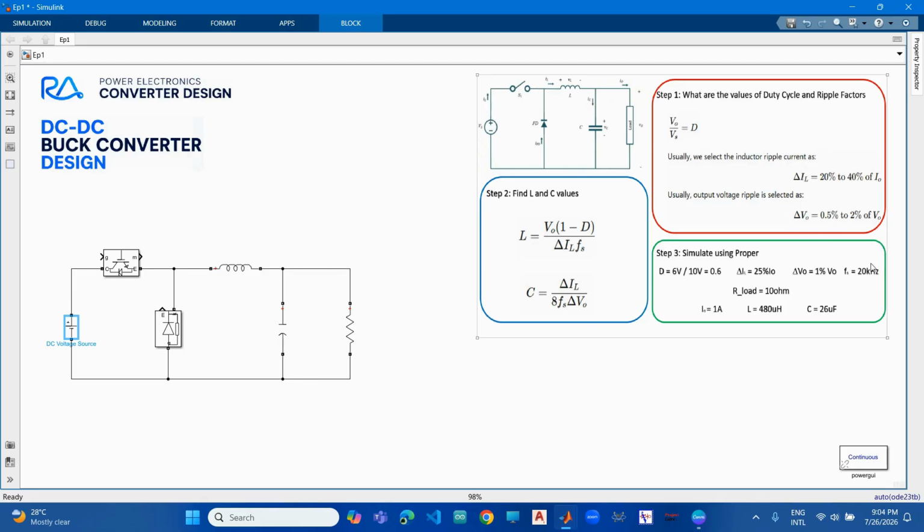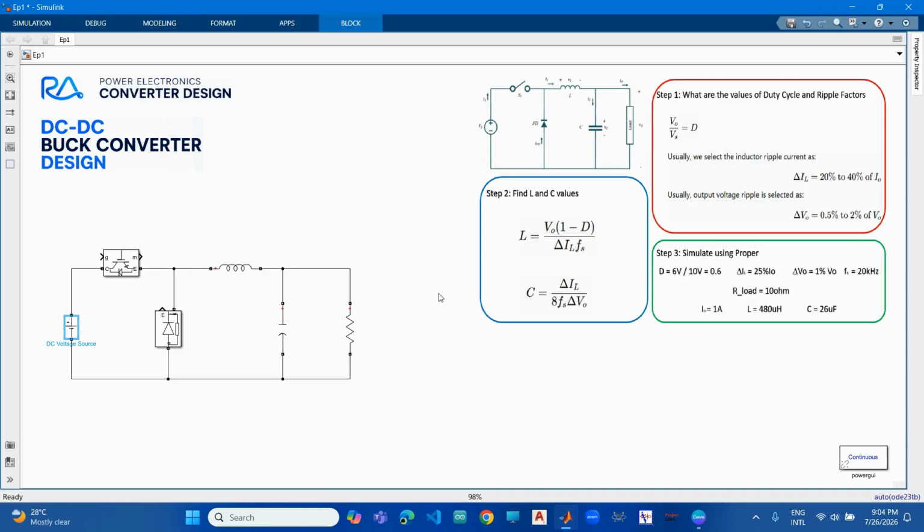Based on these, I calculate the output current, inductor and capacitor using the equations. The output current is easy: output voltage over resistor, 6 over 10, so that will be 0.6... these are the basic things.